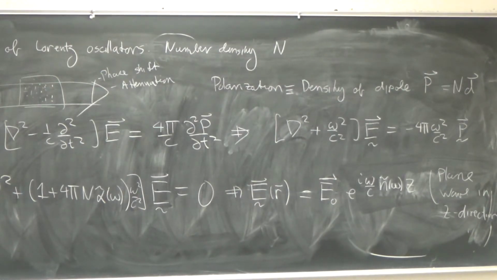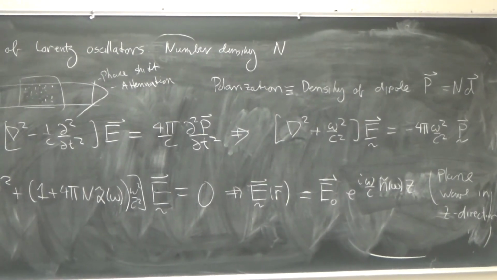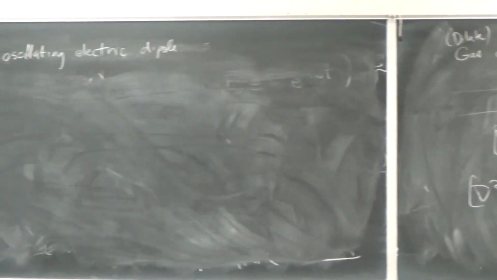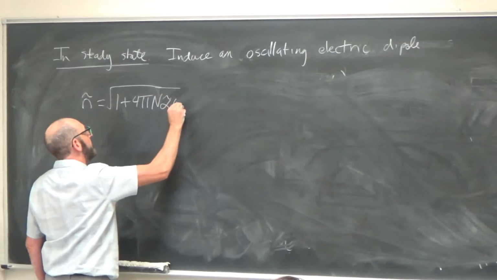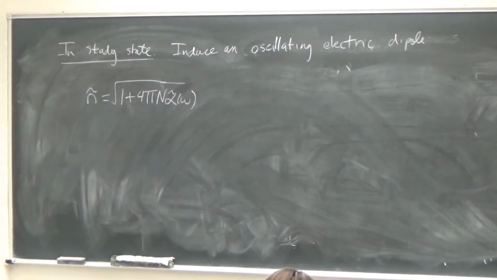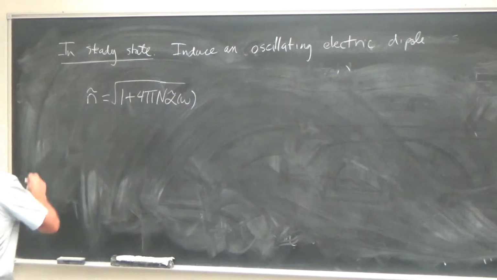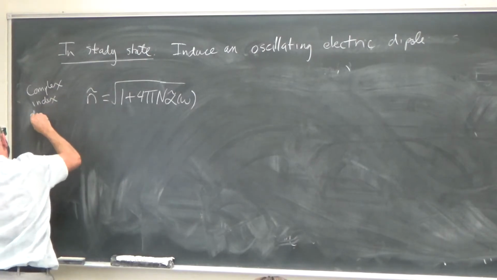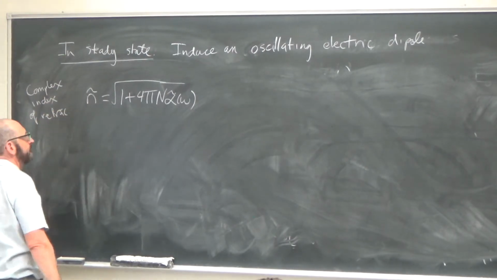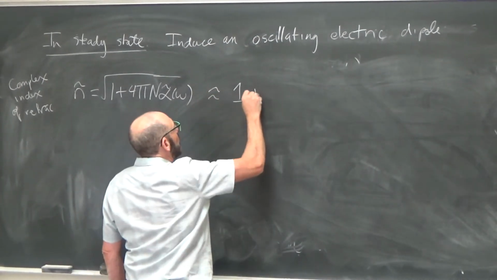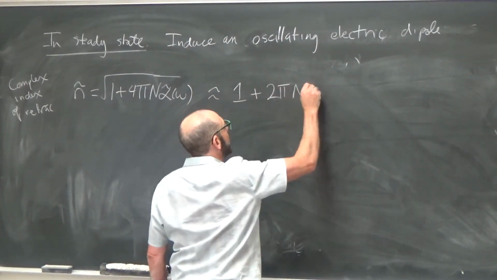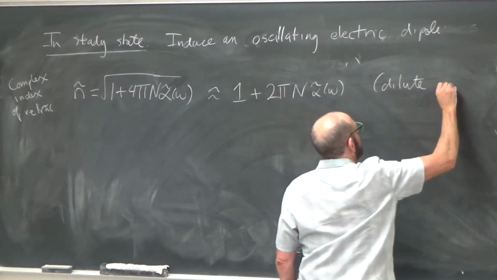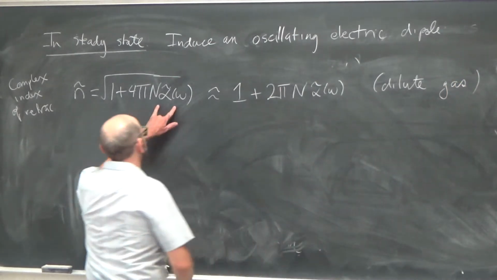Come back to this. n tilde is equal to the square root of 1 plus 4 pi n times the complex polarizability. That is the complex index of refraction, which is approximately 1 plus a half of that for a dilute gas. And dilute in this case means that this is a small number.